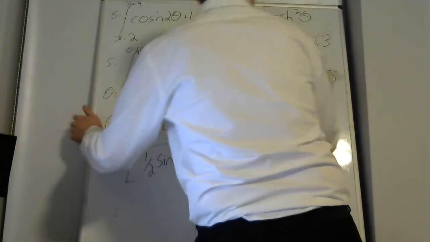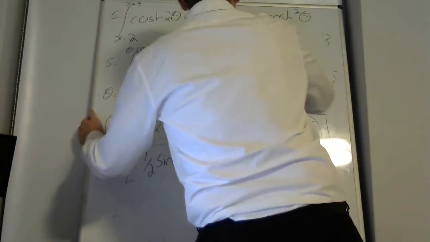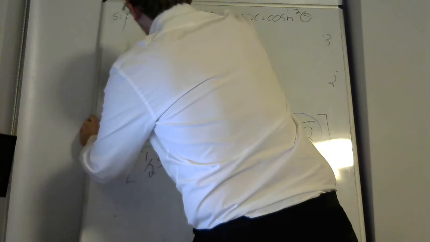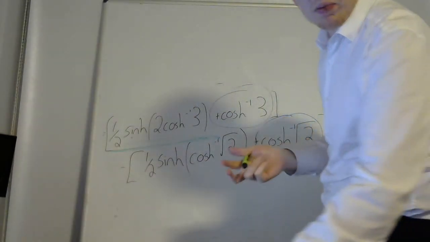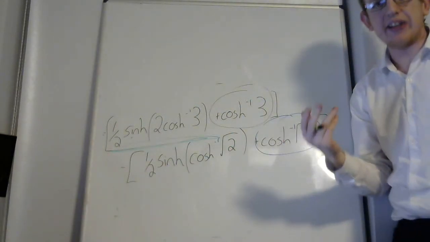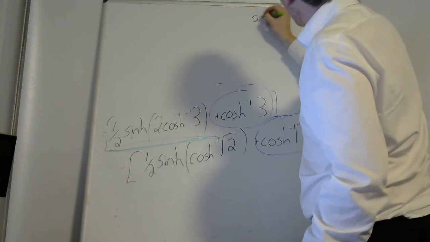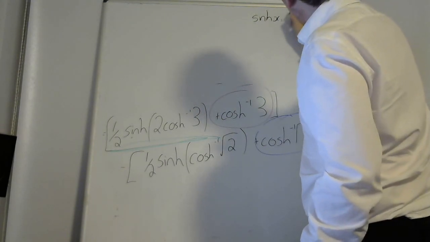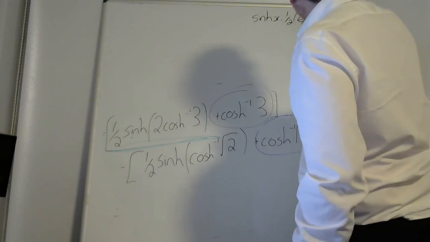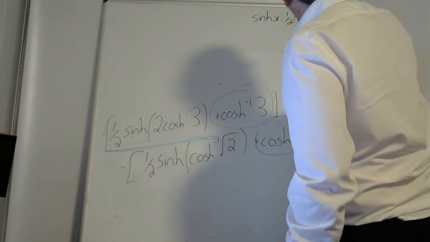Okay, so starting at the top again. Now this trick is the same trick for a sinh of a cosh or cosh of a sinh. This is the same trick that we're doing here. And it comes back to the definition of sinh. If you remember, the definition of sinh x is a half e to the x minus e to the minus x.